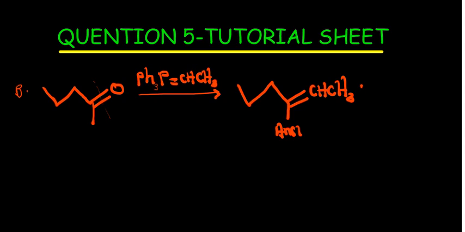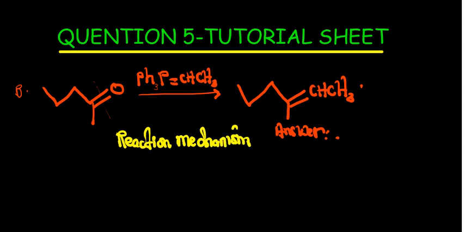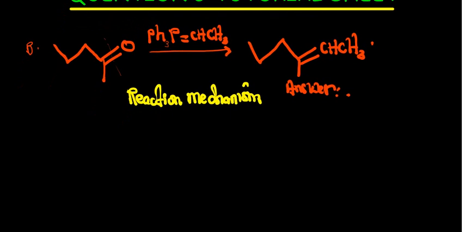But the question is how did we get there? That is why I want to bring in what we're calling the reaction mechanism. So this is how you proceed with it. Let's move on.